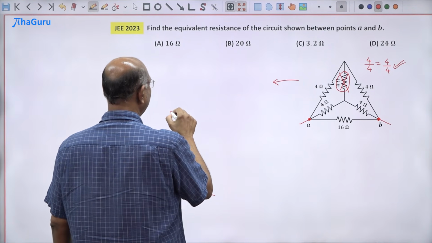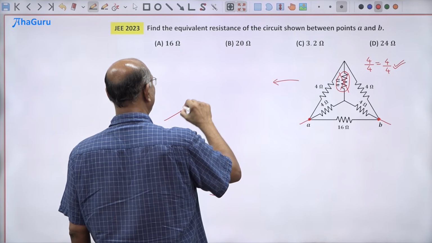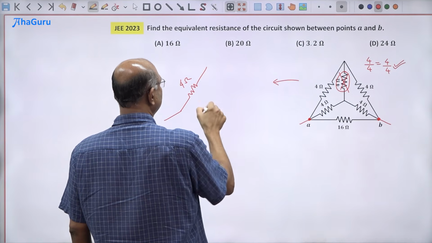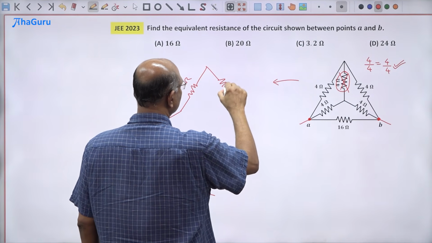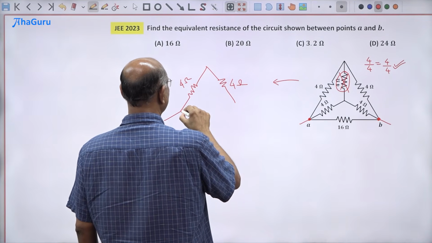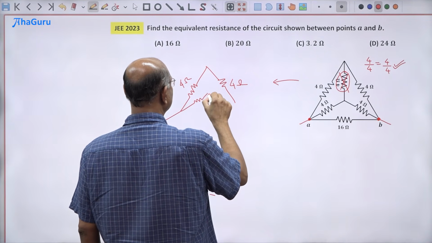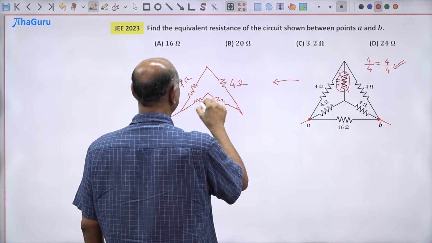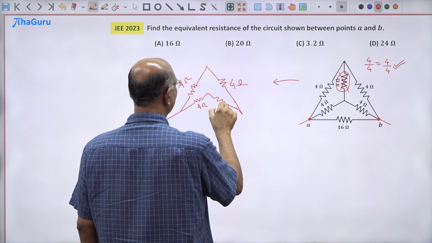It will look like this, right? It will look like one resistance, 4 ohms. This has been removed. Other 4 ohms. And then there is one 4 ohms like this, 4 ohms like that. Okay, so this is 4 ohms, 4 ohms.